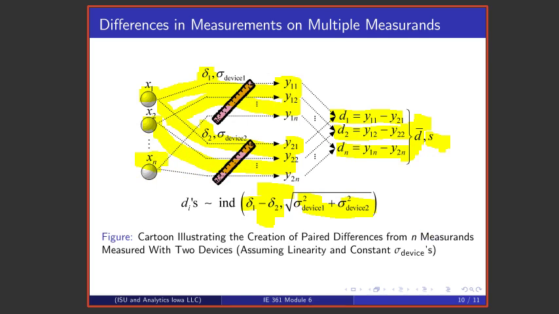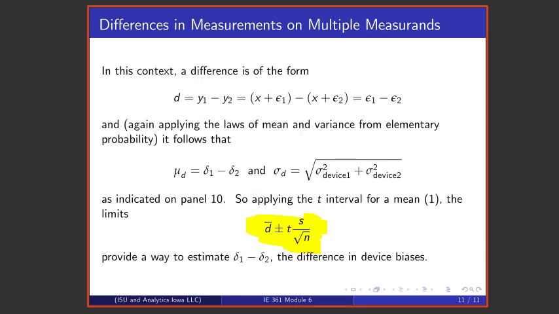So one has twice n measurements, but only n measurands. So here are yet two more applications of the basic one-sample statistical methods where one takes account of measurement variation, measurement noise.